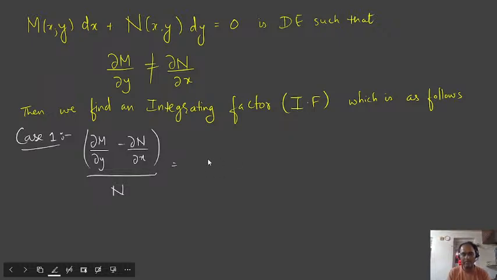Okay, then the IF is e to the power integration of f of x dx. This is the formula essentially that we get in this case.